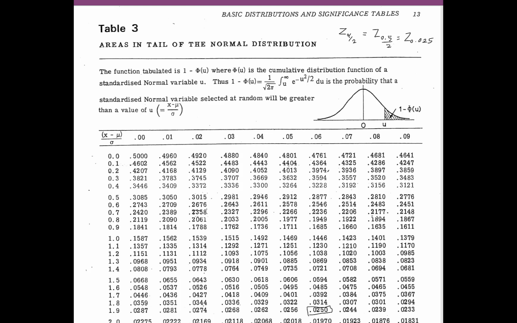So what is the critical value? Okay, it's 1.9 plus 0.06. Then you get 1.96. Okay, so your z 0.025 is equal to 1.96.